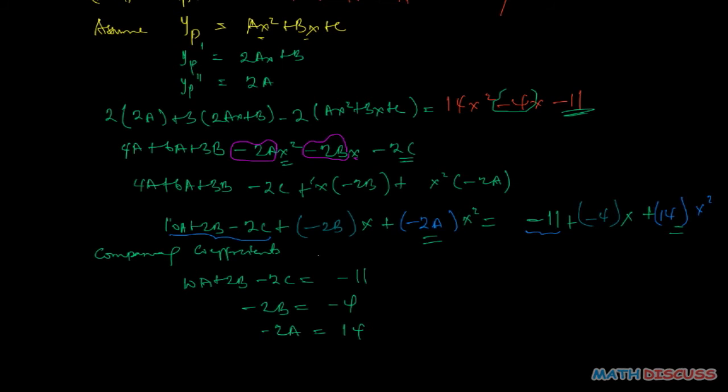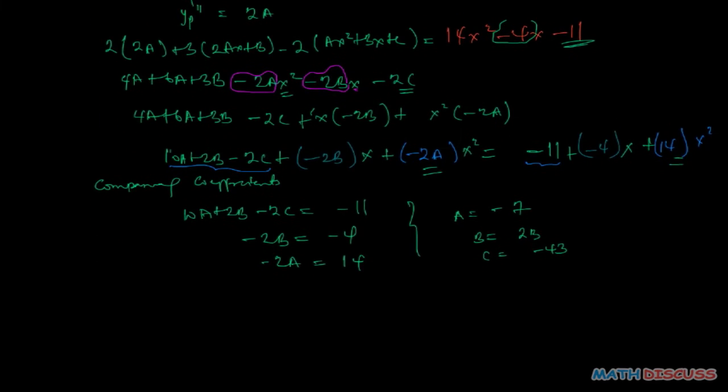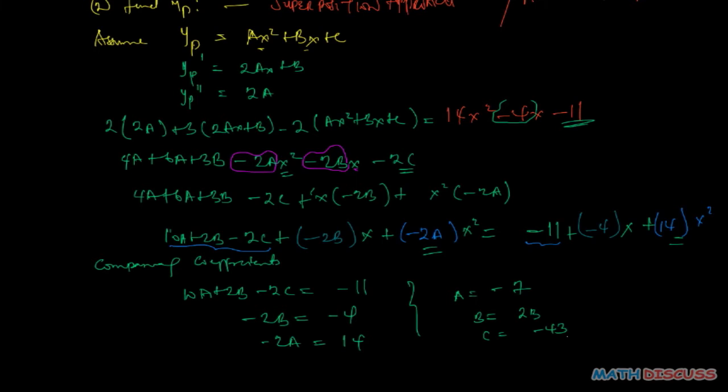And then when we solve this whole thing, we have a equals minus 7, we have your b to be 23, and then your c would be negative 43. That's what we're going to have for our a, b, c. So now, since we have a, b and c, we substitute them into here.